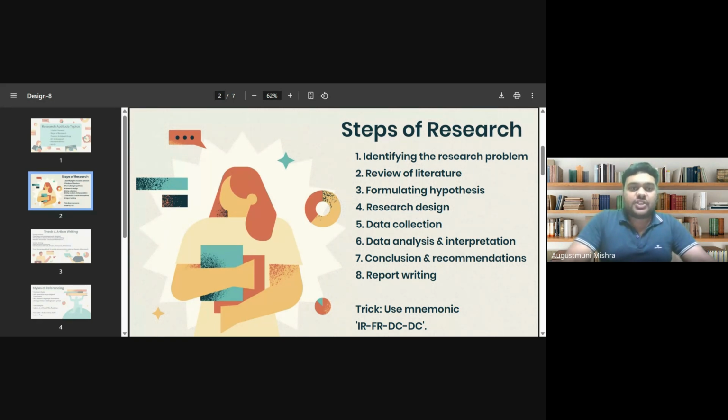Theoretical or conceptual framework, whatever the name is, because first you will find the literature which you are going to review, and after that you are going to prepare the theoretical background. Theoretical backgrounds help you to prove your idea.